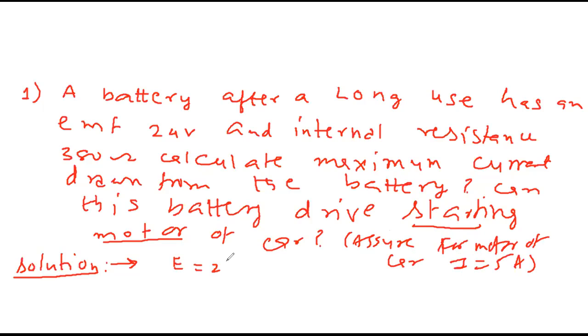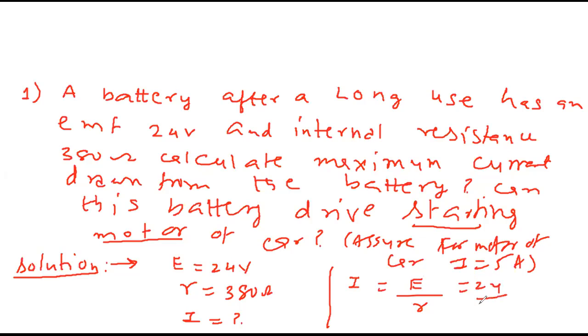EMF is 24 volt. Internal resistance 380 ohms. Current I we can find. What is the current formula? Voltage, which is EMF, upon resistance, nothing else. So this will become 24 upon 380. 2 into 12, 19.